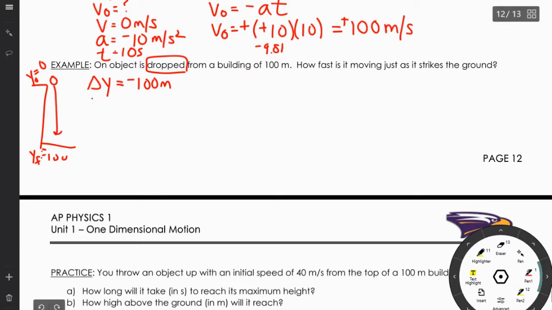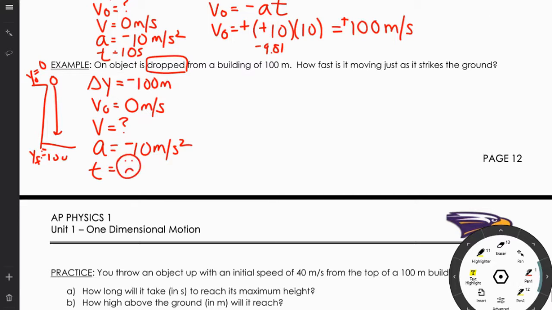And then initial velocity is 0 meters per second because it is just dropped. Our final velocity is what we're looking for. Our acceleration, again, we're going to use negative 10 meters per second squared. And time is the value that we don't care about for this problem.